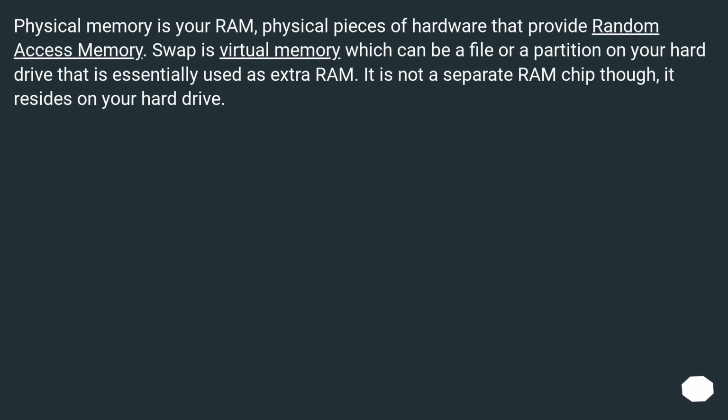Physical memory is your RAM, physical pieces of hardware that provide random access memory. Swap is virtual memory, which can be a file or a partition on your hard drive that is essentially used as extra RAM. It is not a separate RAM chip though, it resides on your hard drive.